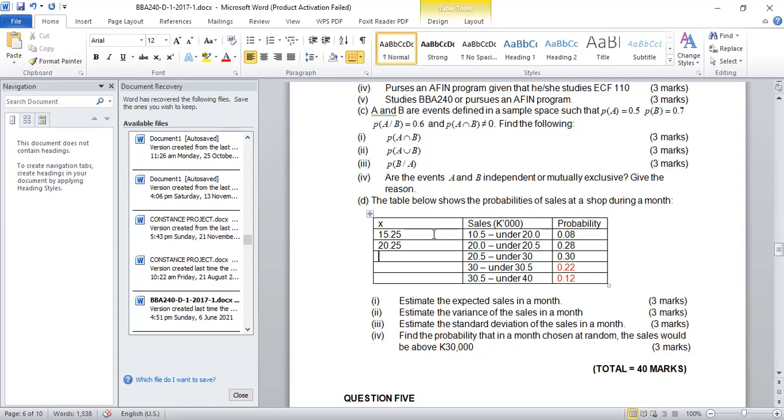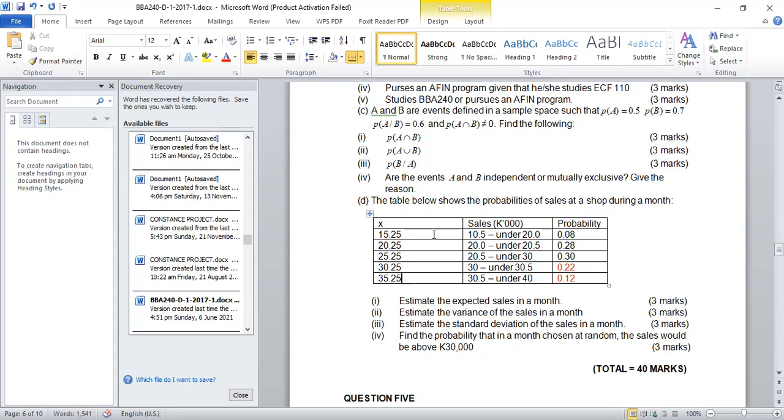And the next one? 25. Next one? 20.25. Next one? 5.25.